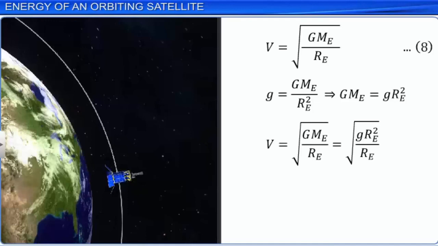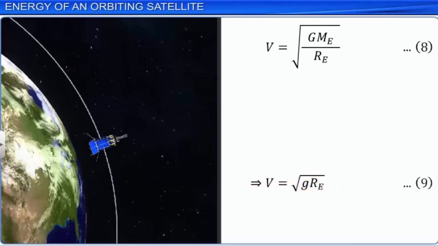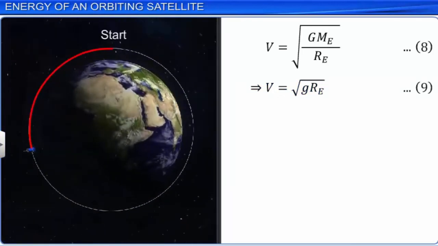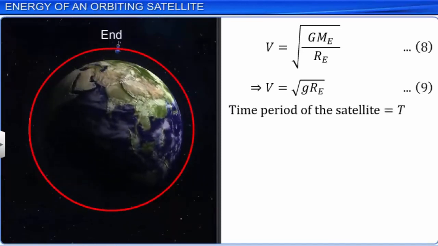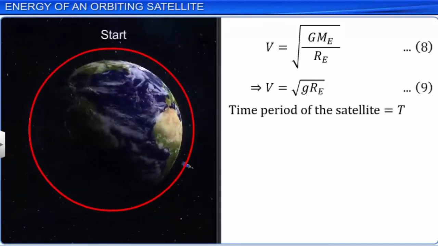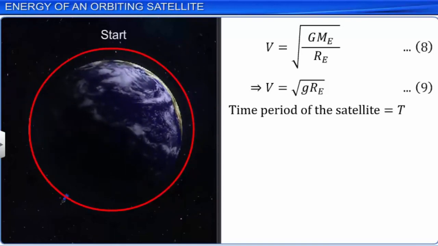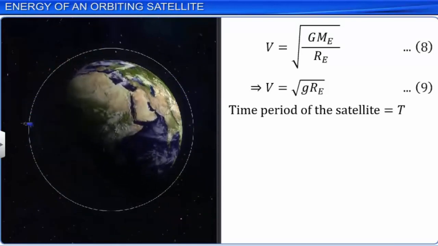The speed of the orbiting satellite can also be obtained using the relation between the time taken by the orbiting satellite in its orbit, T, also known as the period of the satellite, and the length of the orbit. As the orbit is circular, the length of the orbit is the circumference of the circle, 2 pi R_E.